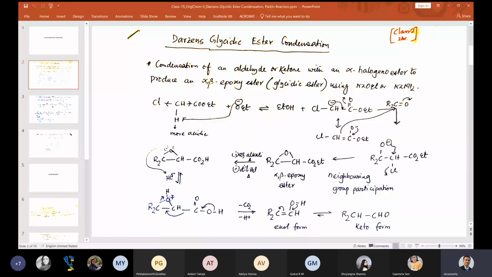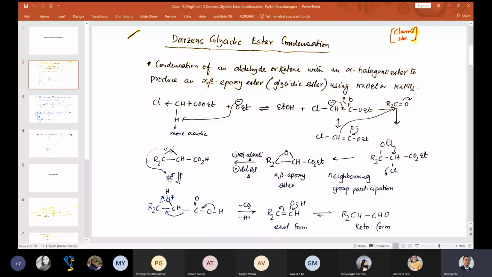So in this way, we make this alpha beta epoxy ester. Now this alpha beta epoxy ester, if we hydrolyze with aqueous alkali, then this ester will be hydrolyzed first. So this ester will convert into carboxylic acid. Now this carboxylic acid, if we treat in the second step with dilute HCl, then what will happen?